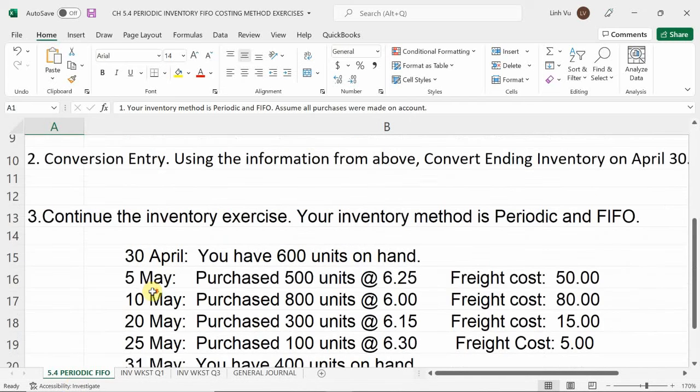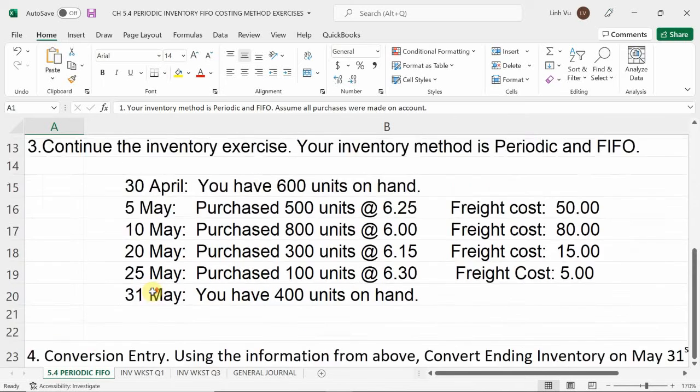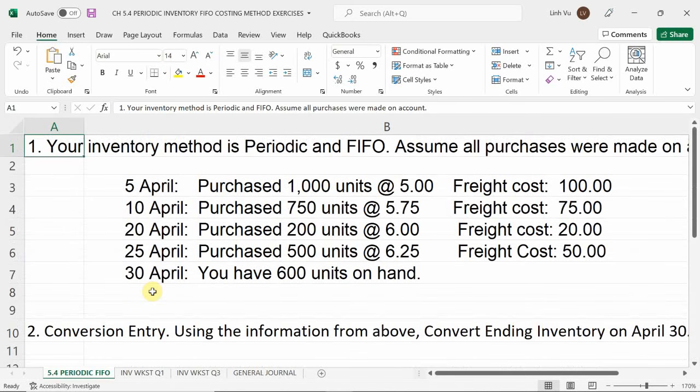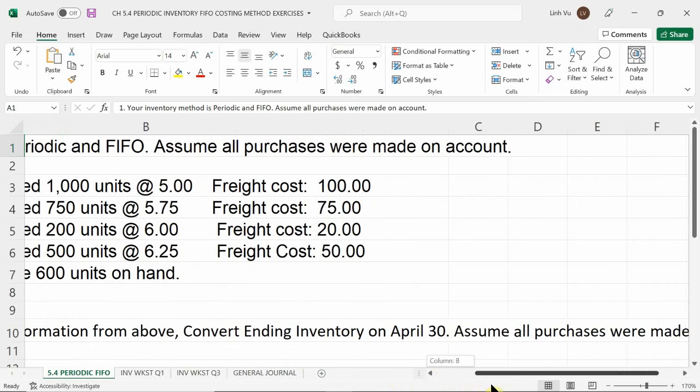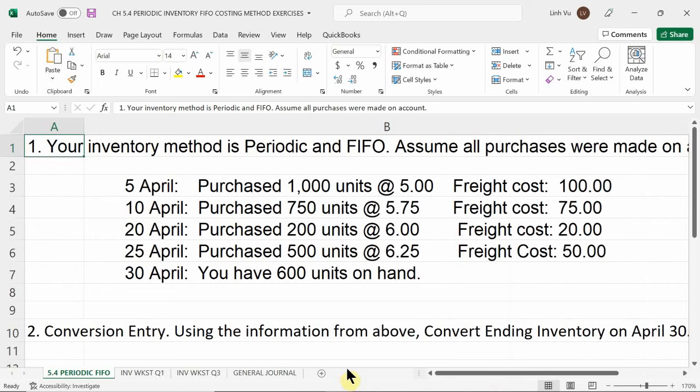In this case, I have 4 questions that are going to be asked. So let's do the first one. It says right here, your inventory method is periodic and it is FIFO. Assume that all purchases were made on account.